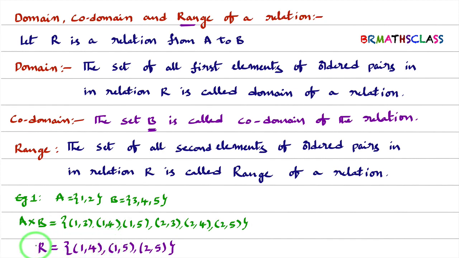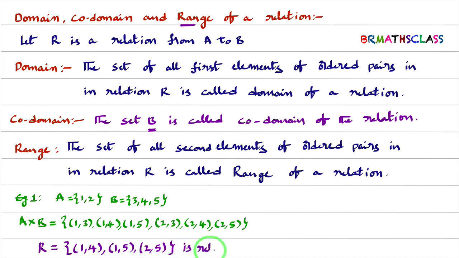All the elements present in R are present in A cross B. You see, ordered pair (1, 4) is in A cross B, (1, 5) is in A cross B, and (2, 5) is in A cross B. Here, R is a subset of A cross B. We know that if R is a subset of A cross B, then R is called a relation from A to B.